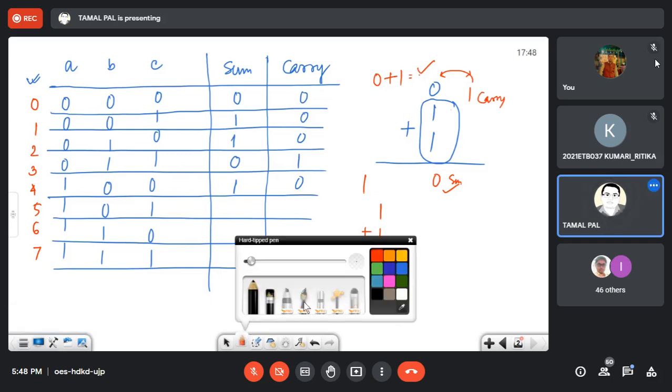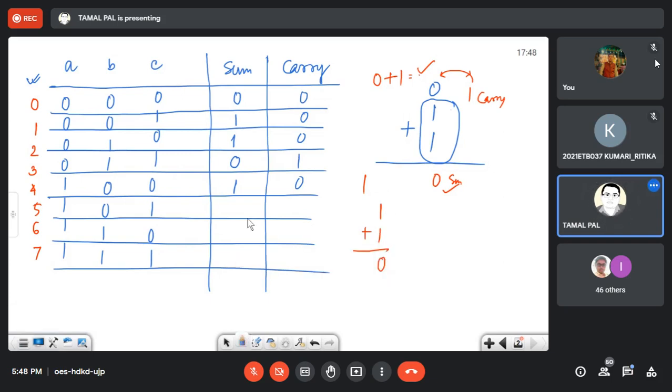So you try to notice, similarly, if there are 2 ones actually, then sum should be 0 and carry should be 1, because if we do this addition 1 plus 1, then sum is 0, carry is 1, and now we are again adding 0 with it.